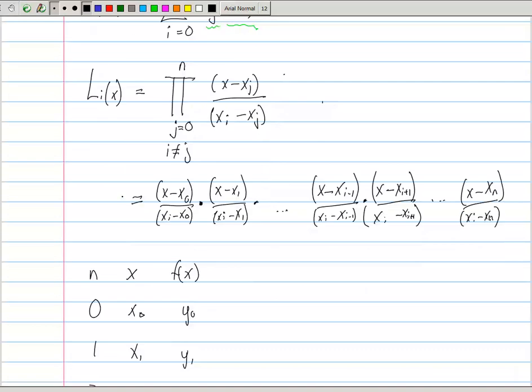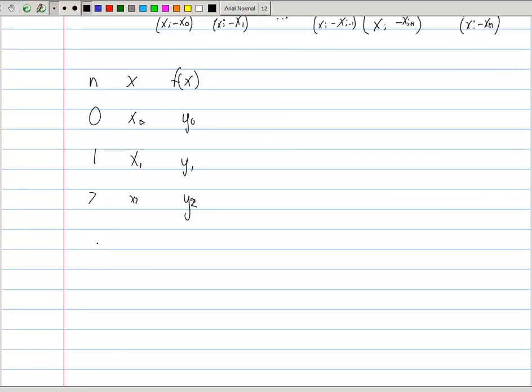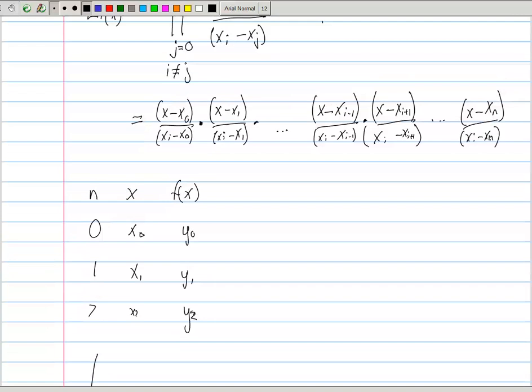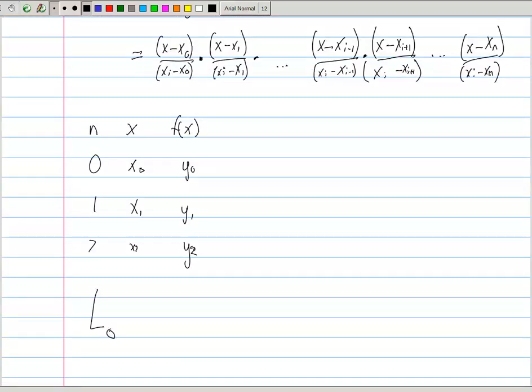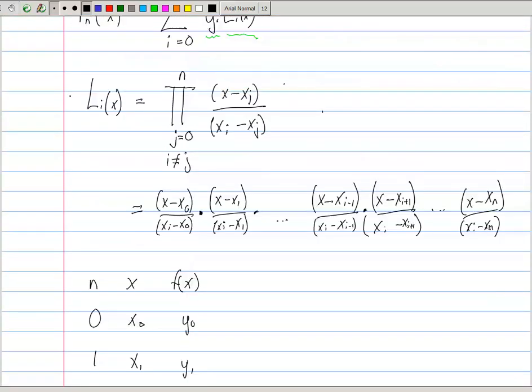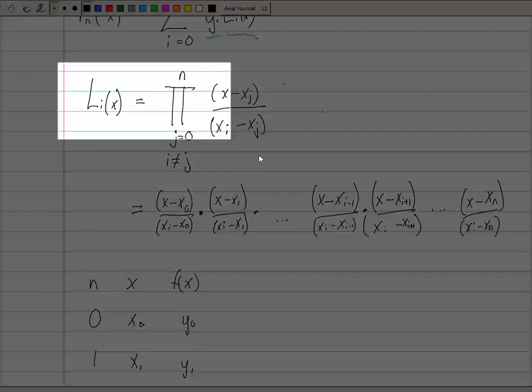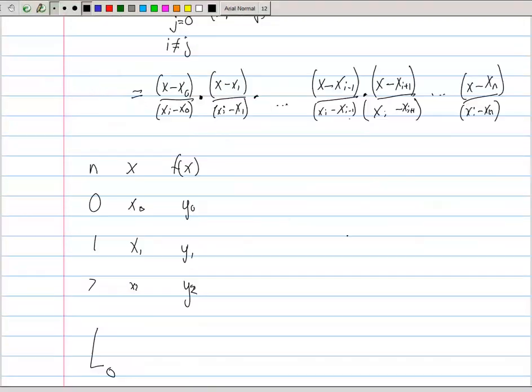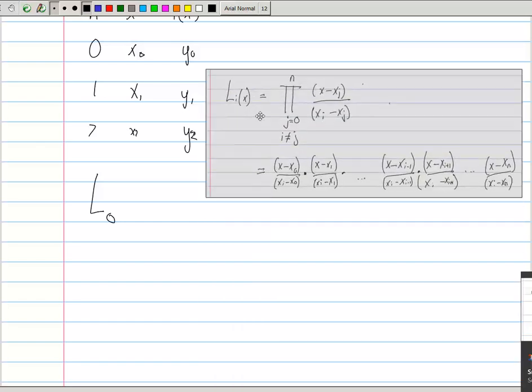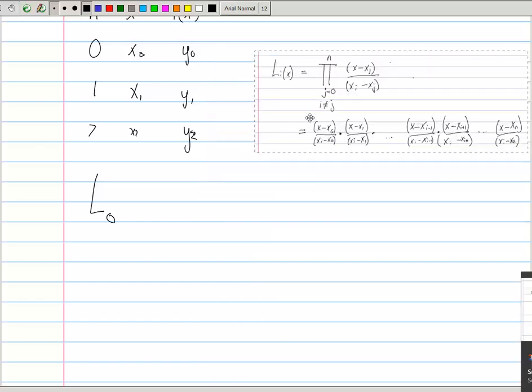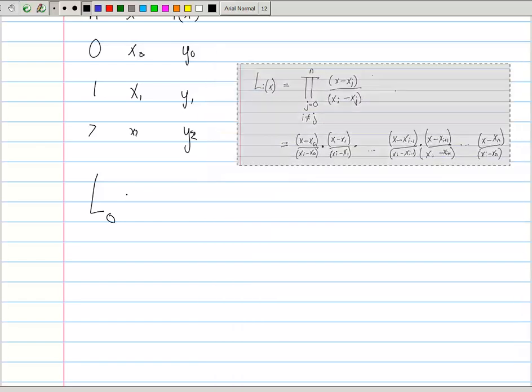I'm just going to scroll up so we can see what's going on. We know that our n goes up to 2. We have 0, 1, and 2.